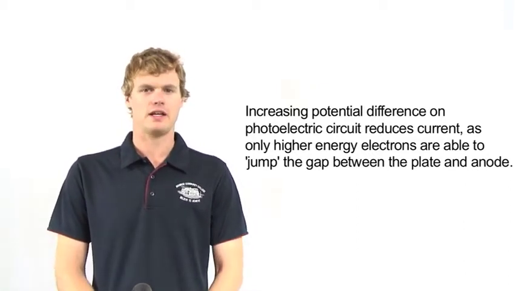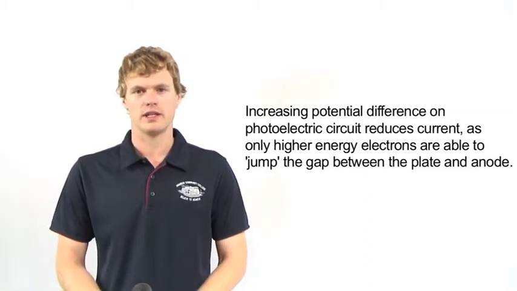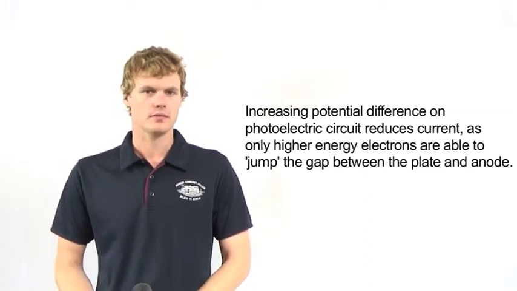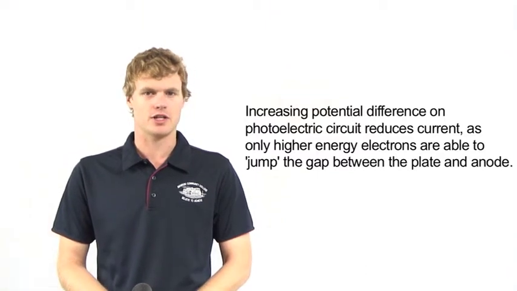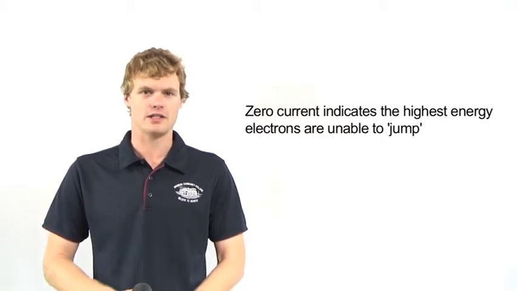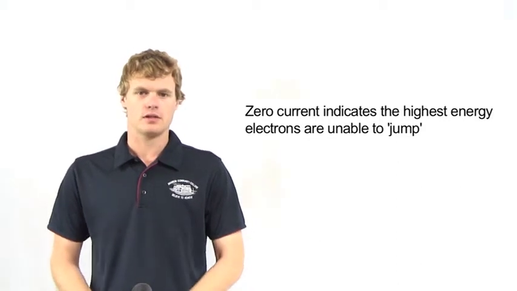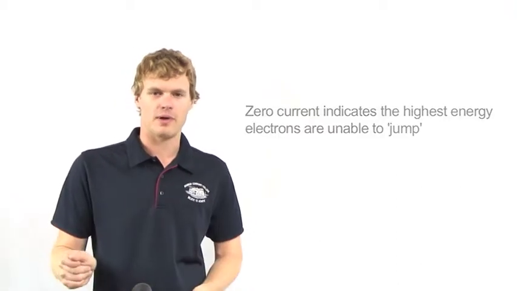If we keep increasing the potential difference until we get zero current, that means there are no electrons flowing, and the highest energy electrons are no longer moving across. If we back off the potential difference again, we get an increase in the current until the maximum flow, where we have zero potential difference.